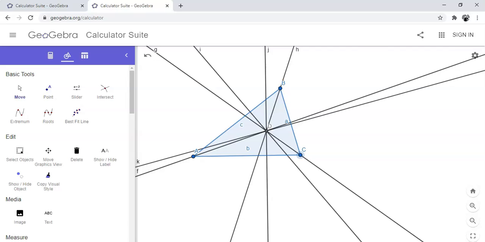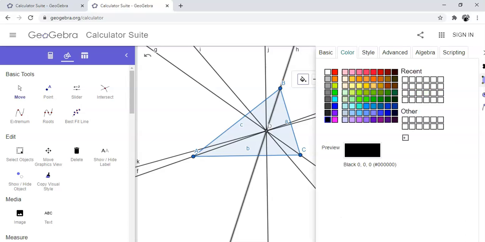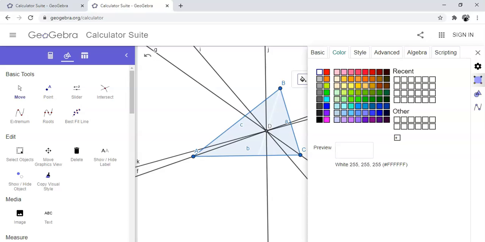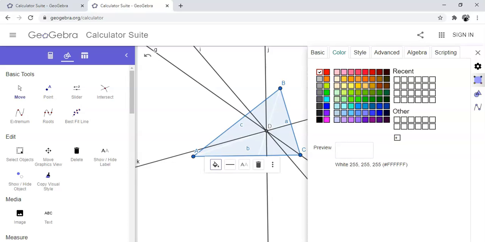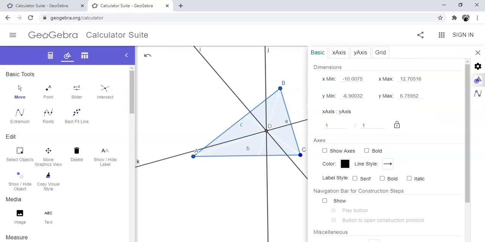Right, so what I'm going to do is hide my angle bisectors for now. The point is still made up of the angle bisectors. However, I've just hidden them so that we can look just at the other part. Right?